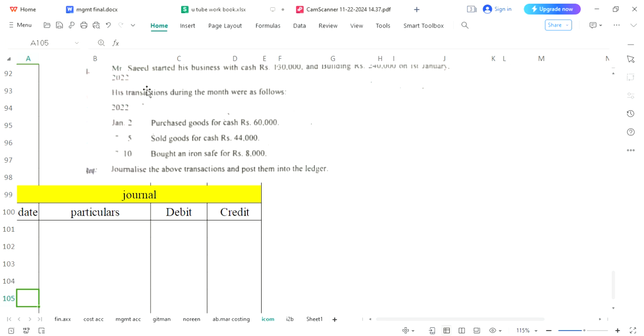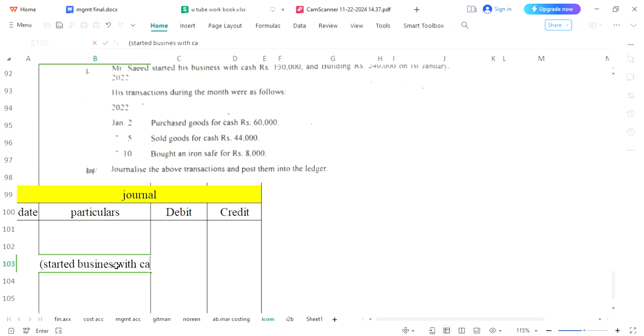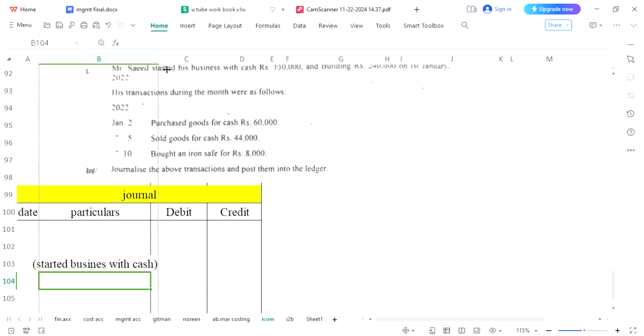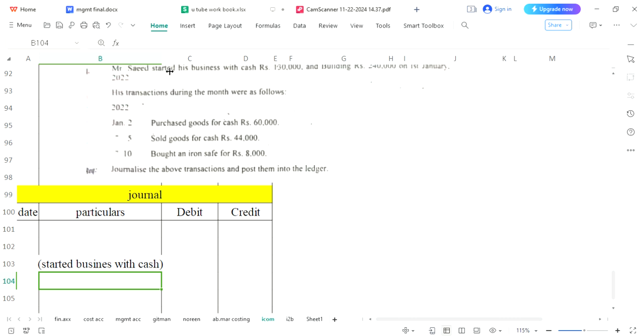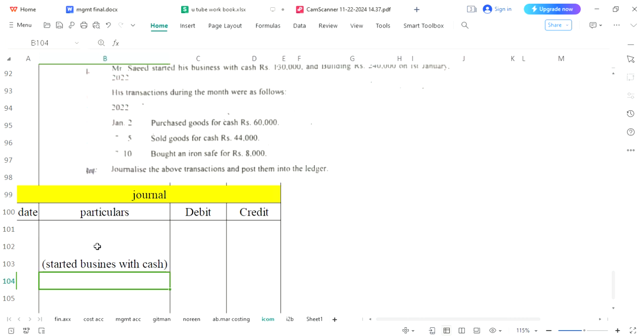Mr. Saeed started business with cash. We will solve it separately. First narration: started business with cash. Our first narration has been written. A little more space is needed. When cash is provided by the proprietor, it means cash is coming into the business, the cash asset is increasing, so you will write cash on the debit side.